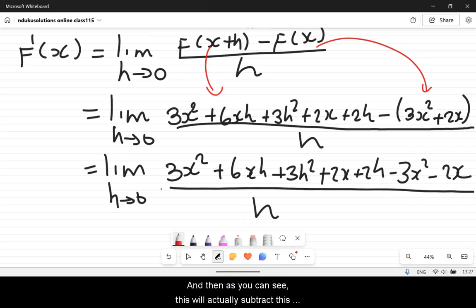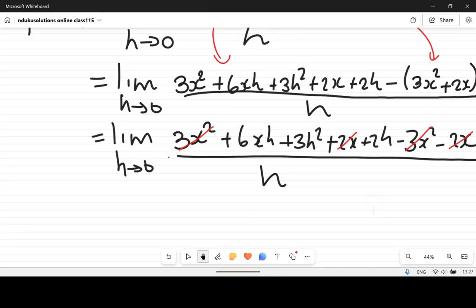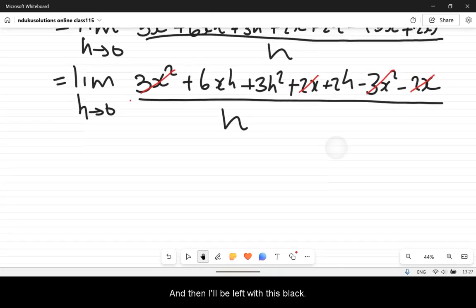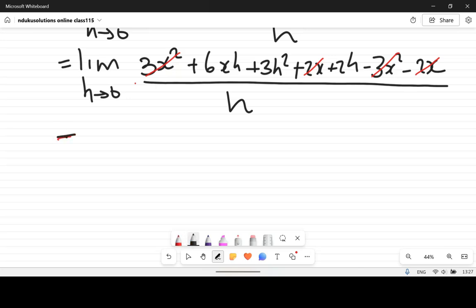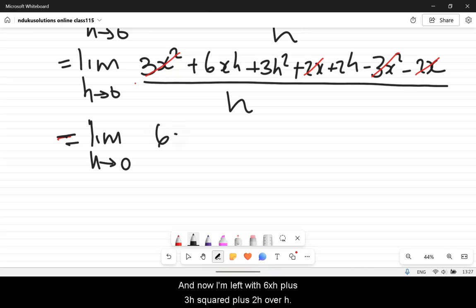As you can see, this will subtract this, and this will subtract that. Then I'll be left with the limit, still there when h is approaching 0, of 6xh plus 3h squared plus 2h over h.